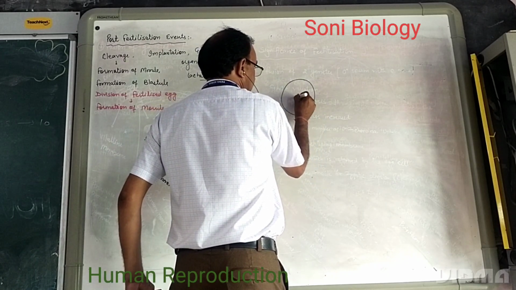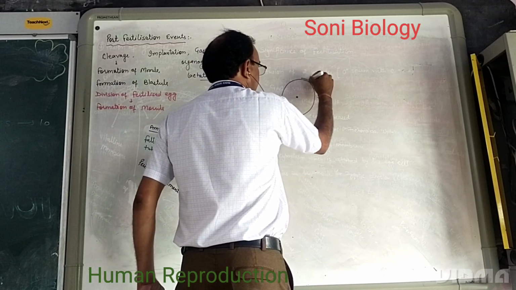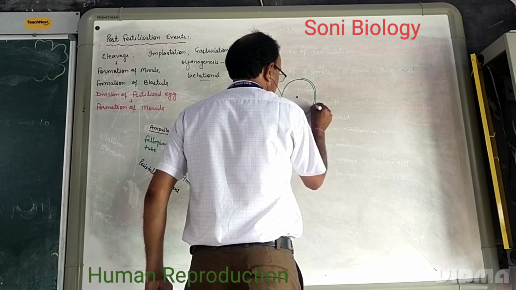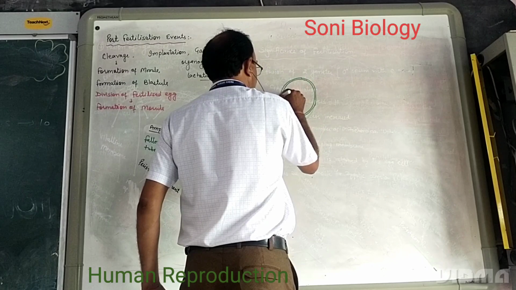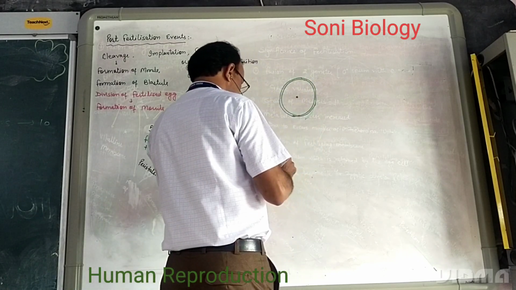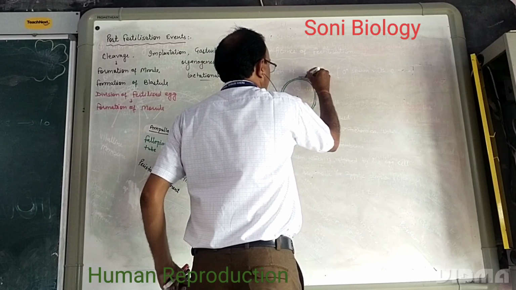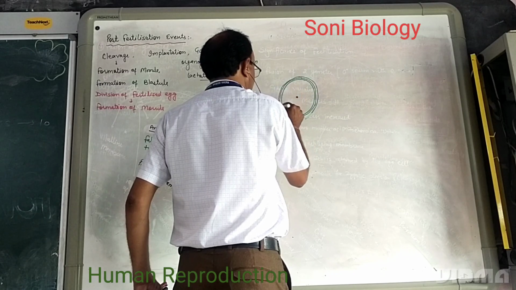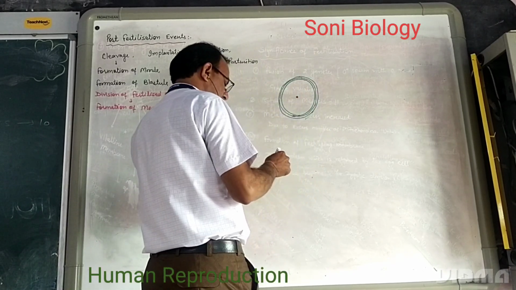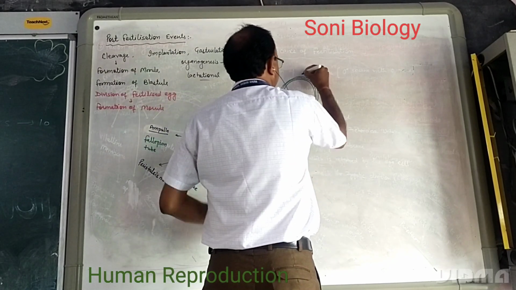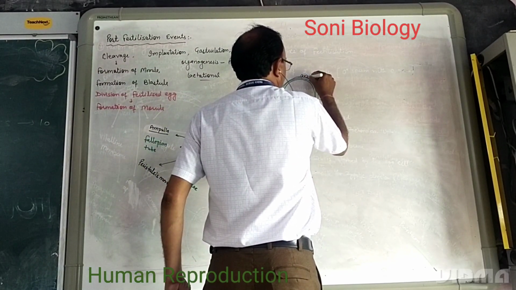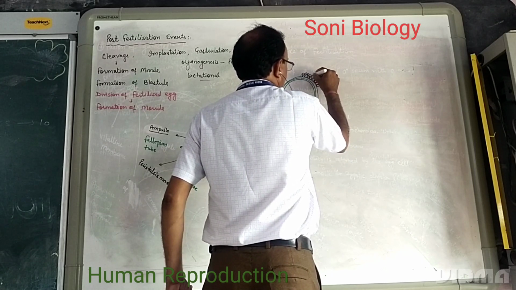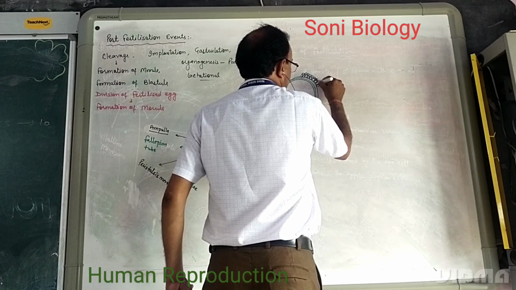It contains a single nucleus. There is the vitelline membrane present just outside the egg. After the vitelline membrane, the other membrane is called zona pellucida. And just outside the zona pellucida, the other membrane is called corona radiata. The whole egg is covered by these three membranes.